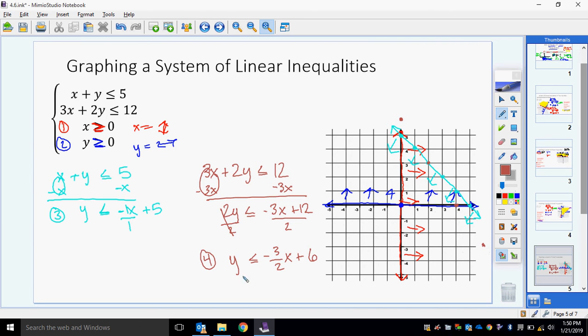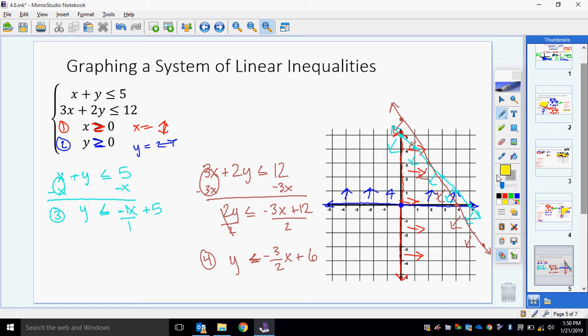And solid line because it's an or equal to. Shading here, again, it's y is less than, so the y is below it or less than the y is above it. So I'm going to be shading below this rust line.